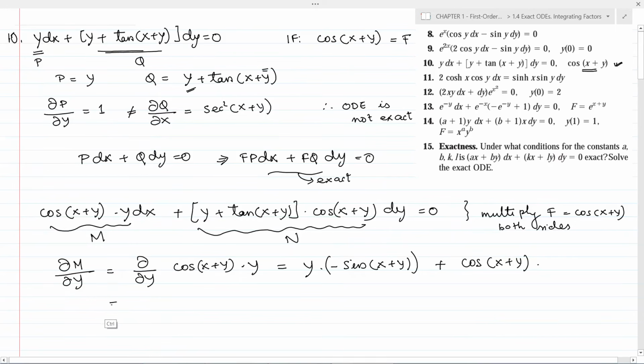This can be written as cos(x plus y) minus y sin(x plus y).